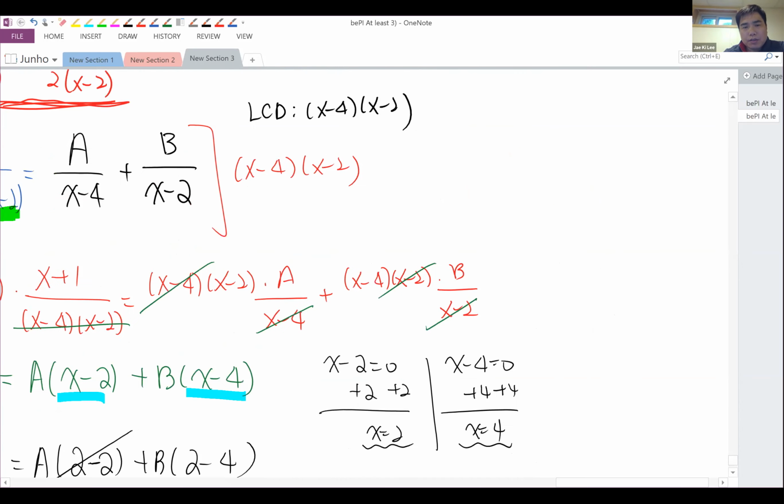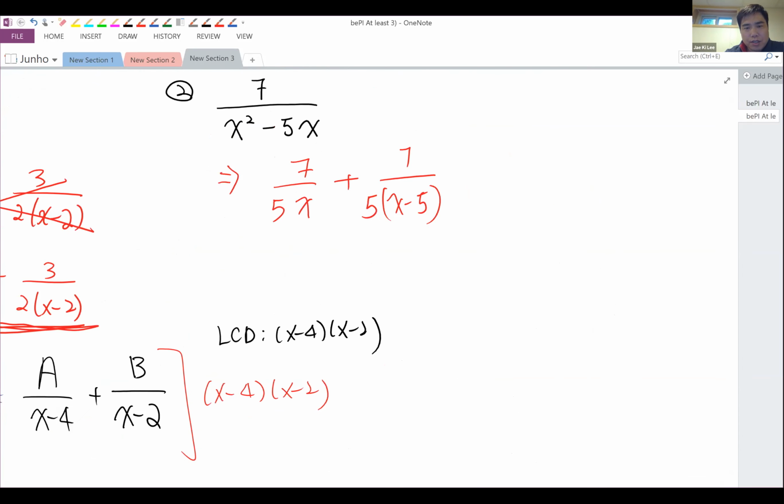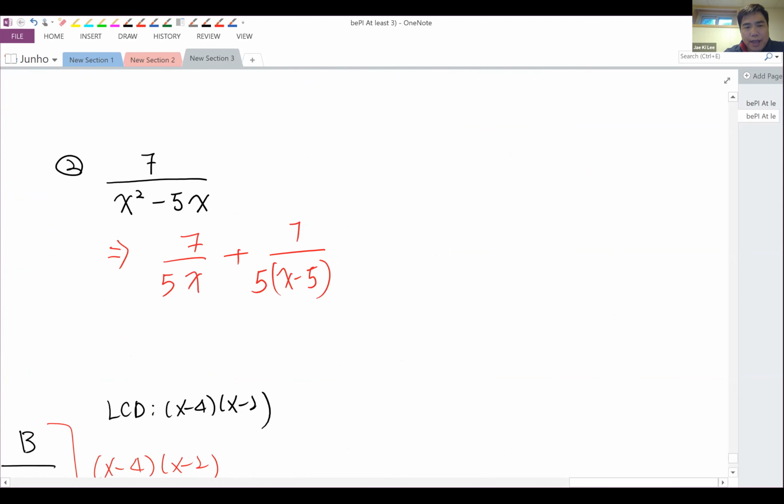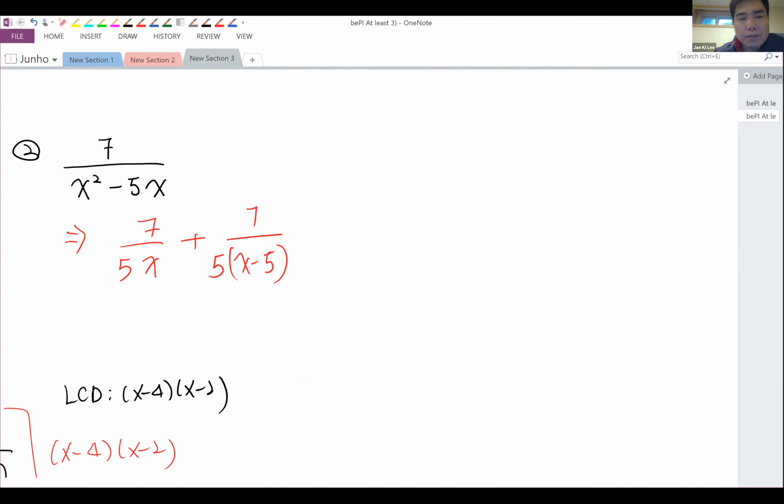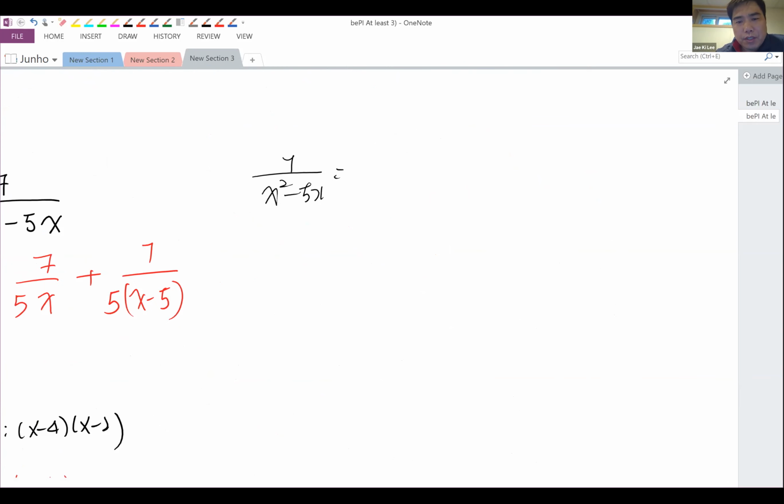Okay, now the second question, which is 7 over x squared minus 5x. So this one, we can factor first because the denominator hasn't been factored yet. So this becomes 7 over x times x minus 5, right?